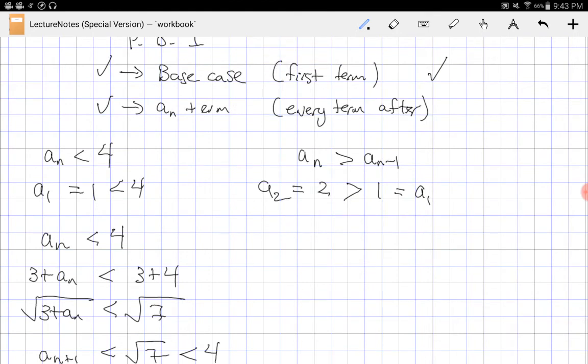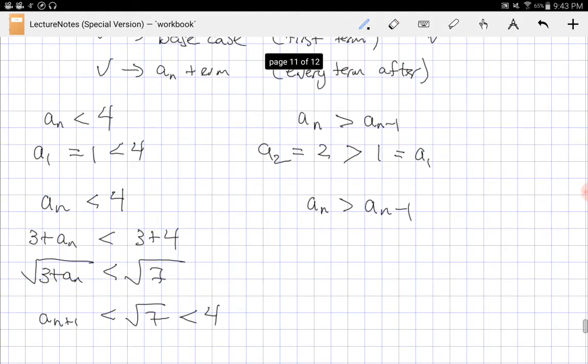Now to prove the inductive step, if we assume that the current term is bigger than the previous term, we want to prove that the next term is larger than the current term. Like what we did with the upper bound, we're going to add 3 to both sides, and then we're going to square root both sides.